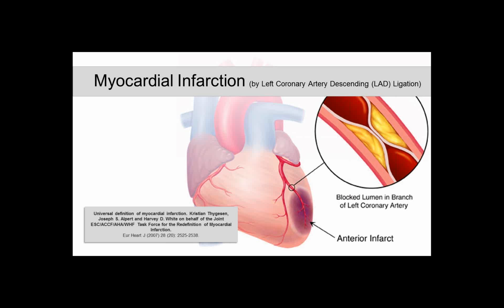Our lab, our center, is interested in myocardial infarction. In our case, we use predominantly a mouse model of left coronary artery occlusion, where we occlude the artery and then look at the inflammatory and the extracellular matrix fibrotic responses to that model.